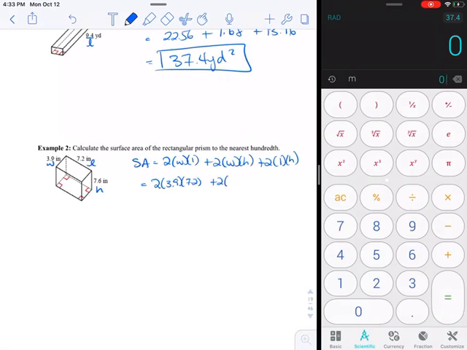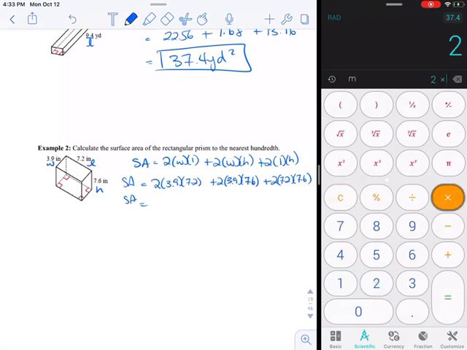So the width is 3.9, our height is 7.6, and then 2 times the length of 7.2 and the height of 7.6. So let's see if I can do this all in one big step here.